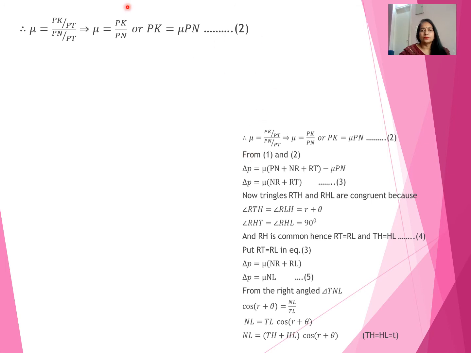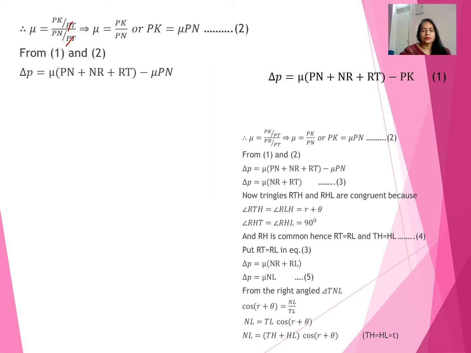So mu equals PK upon PN, or PK equals mu PN. Put the value of PK in equation 1. So delta P equals mu PN plus NR plus RT minus PN. So mu PN cancels out, and the path difference becomes mu times NR plus RT.